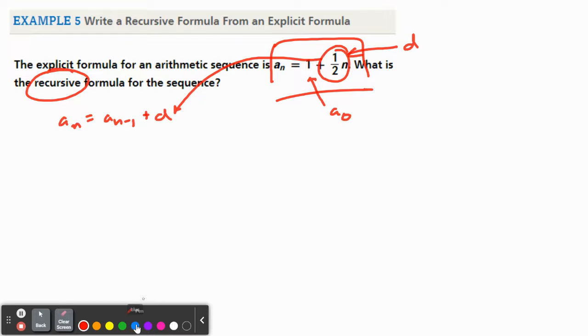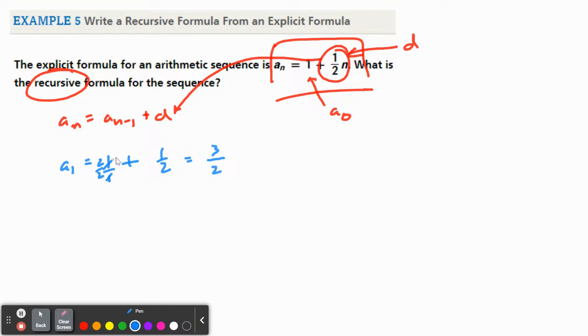All right, so let's talk about that. So how do I find the first term? Well, I know what the 0th term is. It's 1. I'm going to add the common difference to that to get the first term. 1 plus 1/2. 1 is 1 over 1, and we can make 1 over 1 become 2 over 2 by multiplying by 2, top and bottom, and that gives us a common denominator. We add the tops. The top is 3, and the bottom is 2.